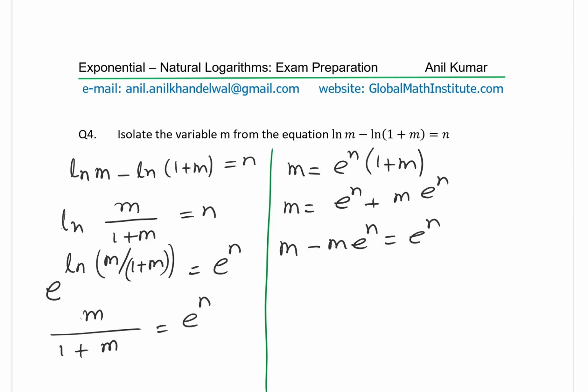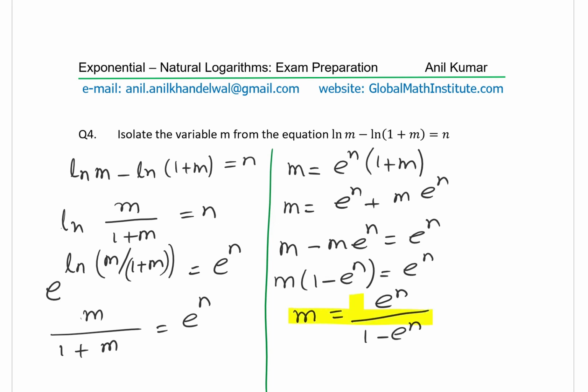Now taking m common, we get m times 1 minus e to the power of n equals to e to the power of n, or m is equal to e to the power of n over 1 minus e to the power of n. So that is how we can actually isolate m. Perfect. So I hope that makes sense.